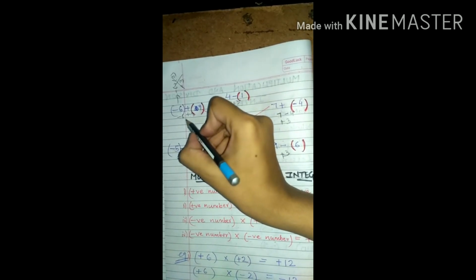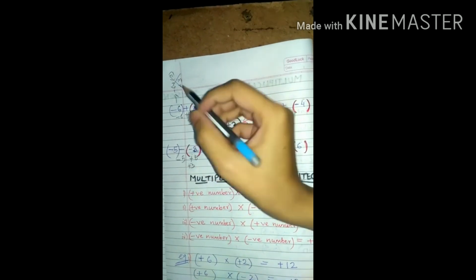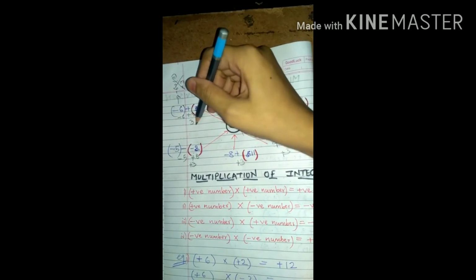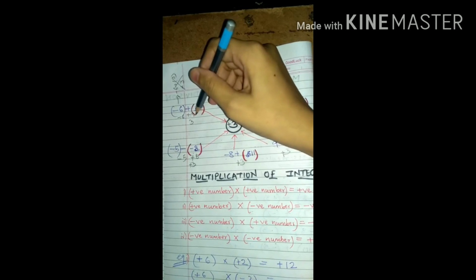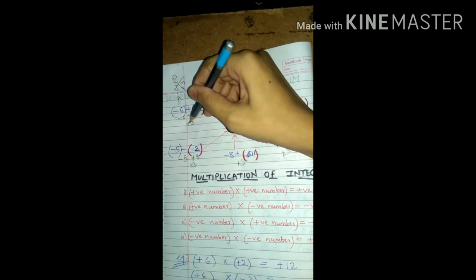Minus plus minus, so 9 minus 6 is 3. Now which sign will we give to the answer? Plus. Why? Because from these two numbers 6 and 9, which one is bigger? 9. The number 9 is bigger, and 9 has positive sign, so we are giving plus.